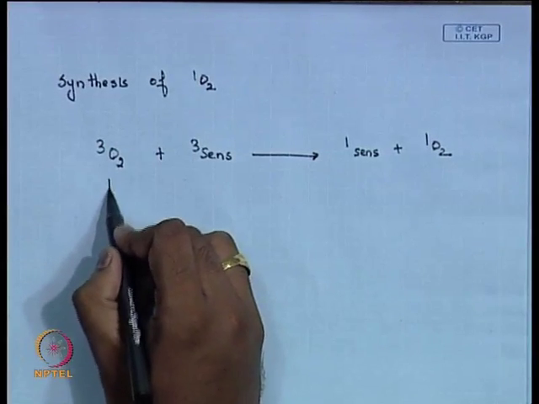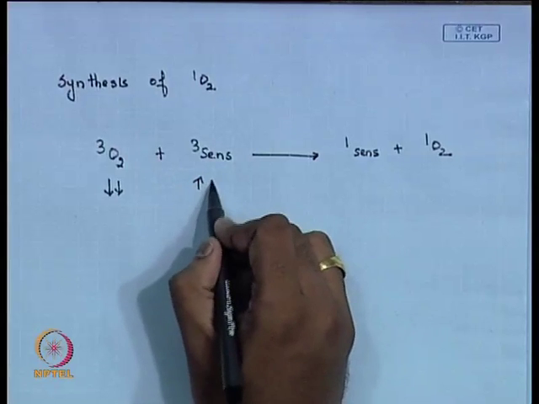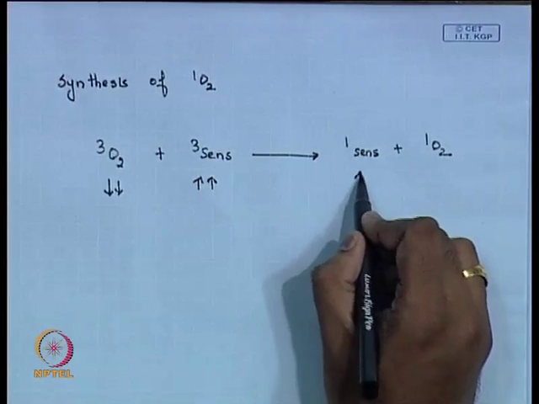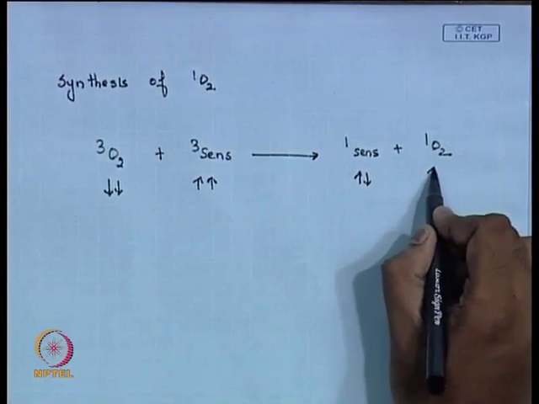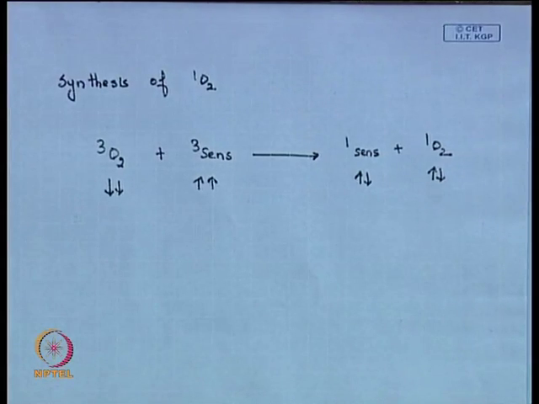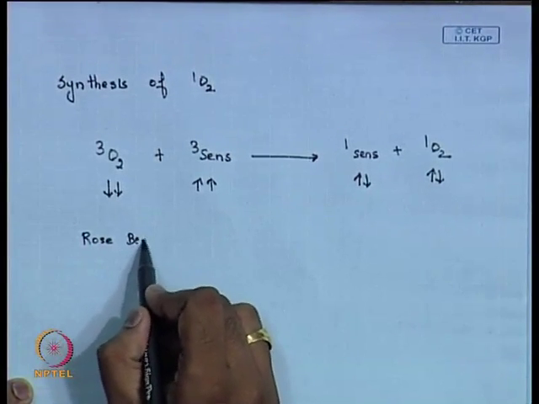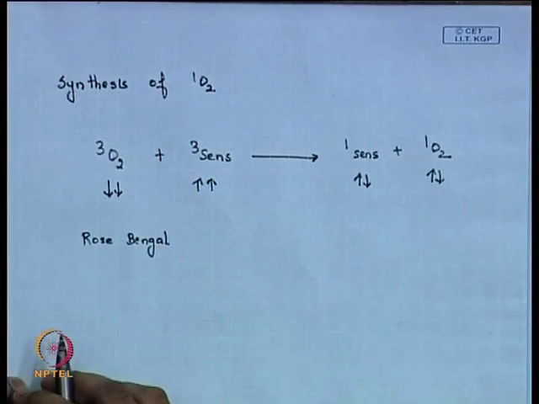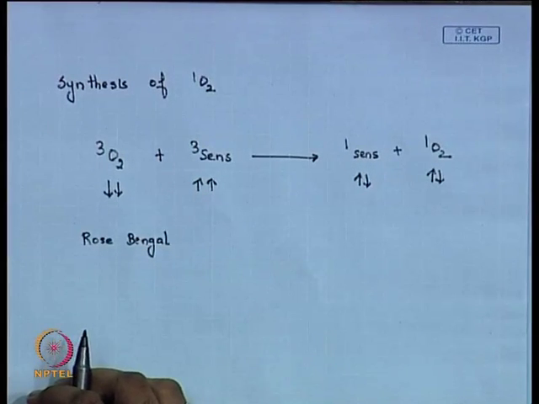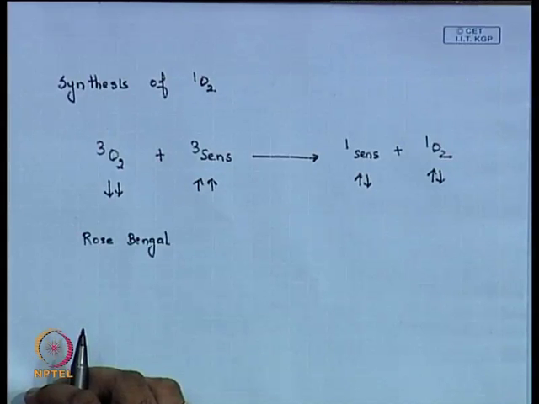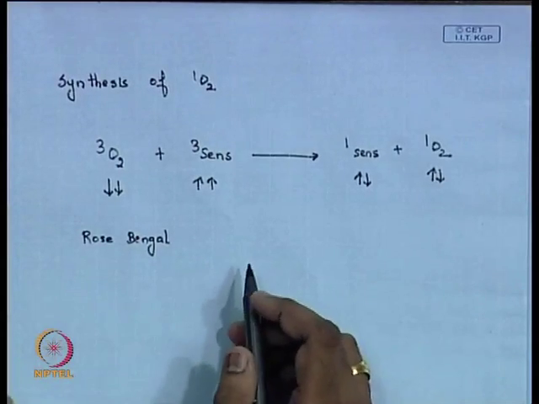Now, if you want to look at the electron view, you can look like this. So, you can use rose Bengal, any other which you can think of, because you are studying bio and organic chemistry a lot. No? Any other you have studied a lot in biology?